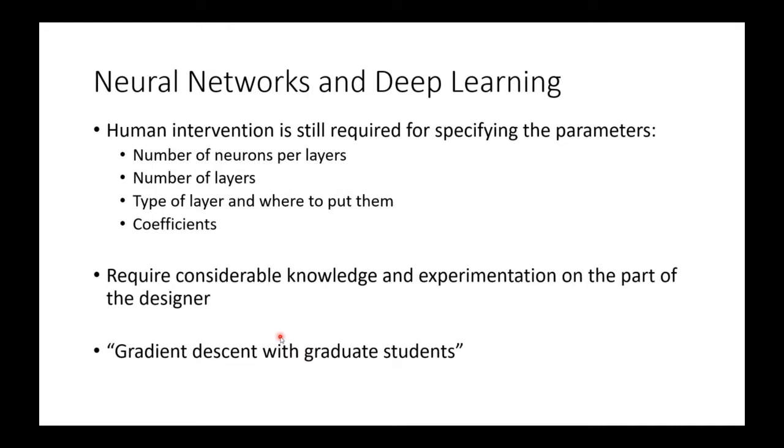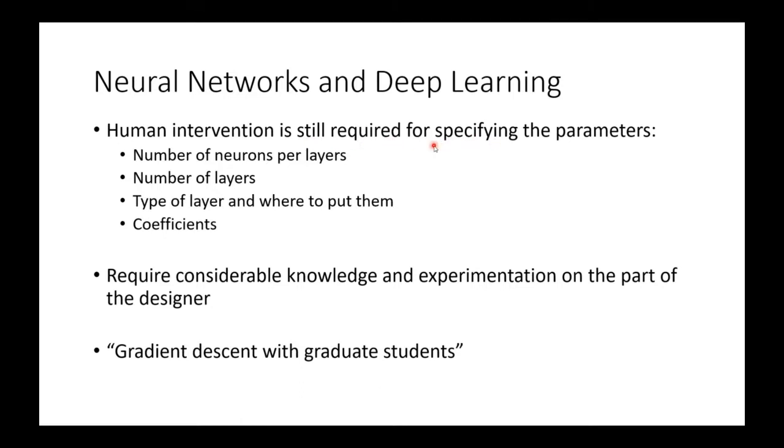But it's not magic, right? As I said at the beginning of this lecture, human intervention is still required for specifying the neural network's parameters. We are not giving the network the features, although we could. And I've done that in past projects: if we don't engineer the features, but give a number of elements to help the work of the neural network, it learns faster and better, but you don't need to.